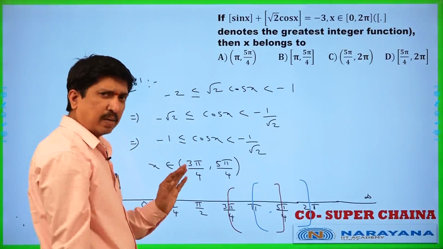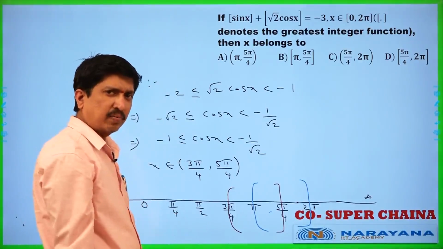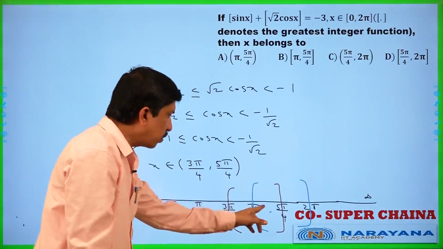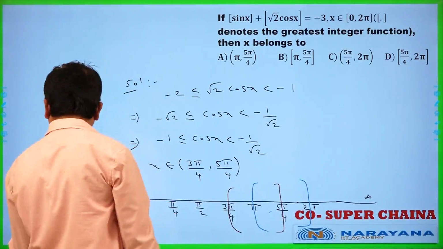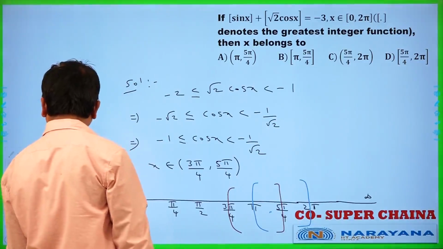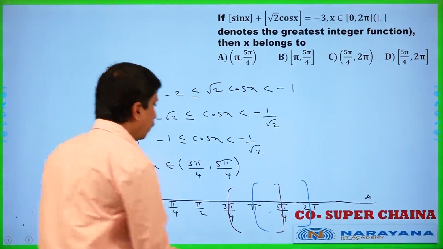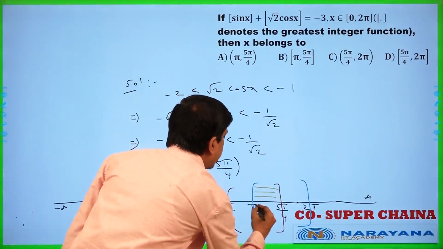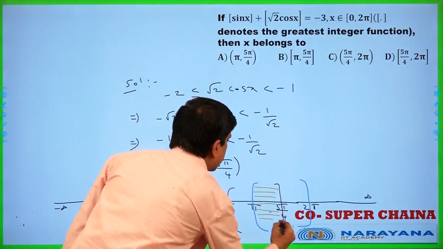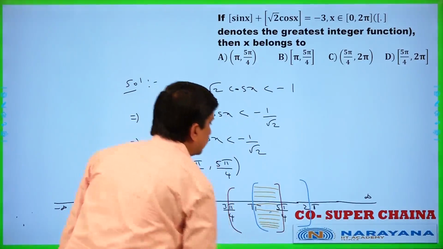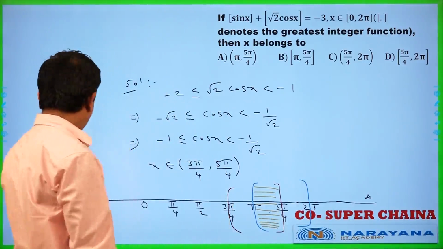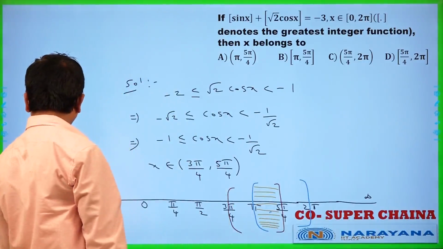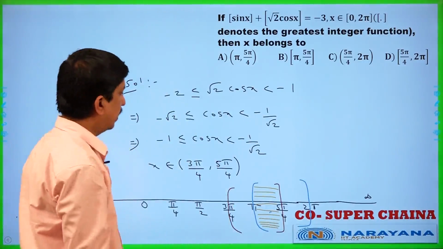Now we will shade that part, what is our required answer, once you observe that one, that is pi to 5 pi by 4 only. So this shaded part is the right answer only. Now x belongs to, what is the answer, once I write that one.